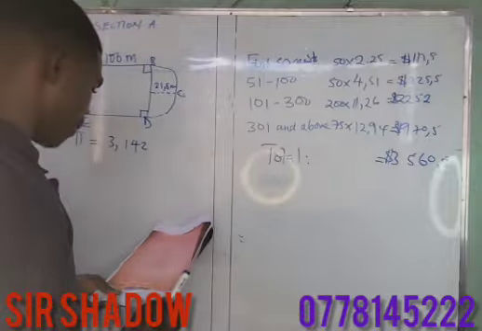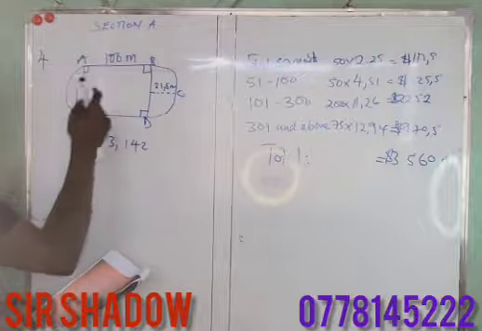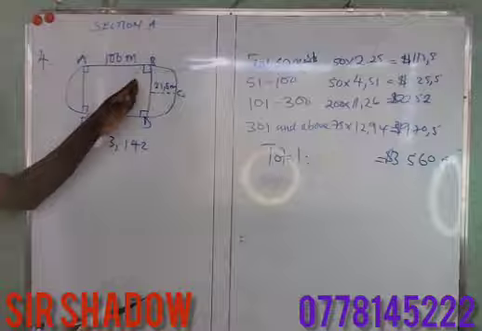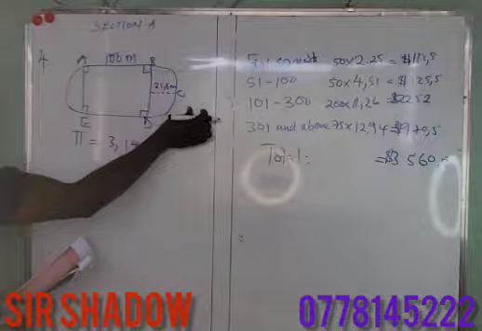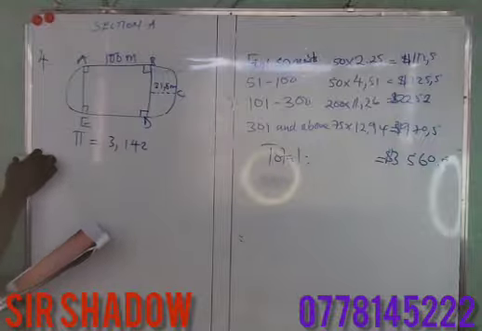Calculate the length of BCD, right? You want to calculate the length of BCD, but remember this one is a semicircle, so we want to calculate the perimeter or the circumference or the length of a semicircle, which is item 1.